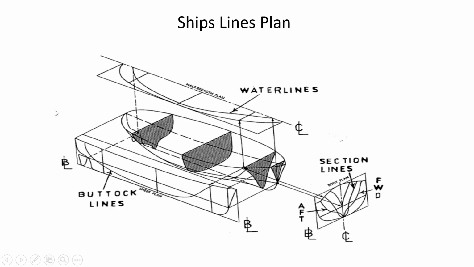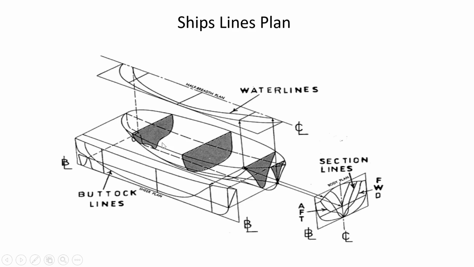And basically, when you are cutting the ship along the length of the ship, that is along the X, this is my X plane and this is my Z plane, along the midship, you can find the shape of the ship will be looking like this.